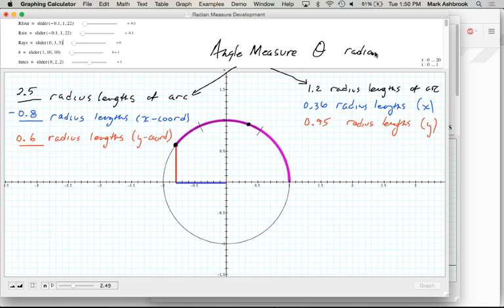So that first angle had an arc length of 1.2 radius lengths. So it was an angle swept out of 1.2 radians. The second angle, 2.5 radius lengths, means it was 2.5 radians. So we can show it the way you're used to here.